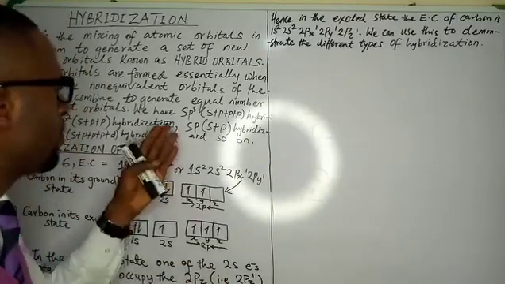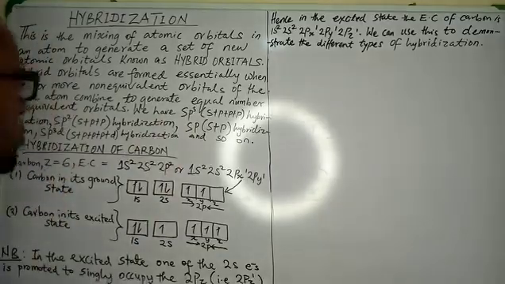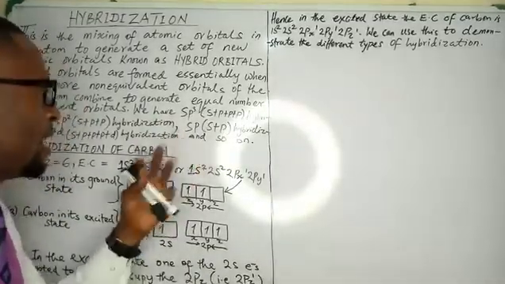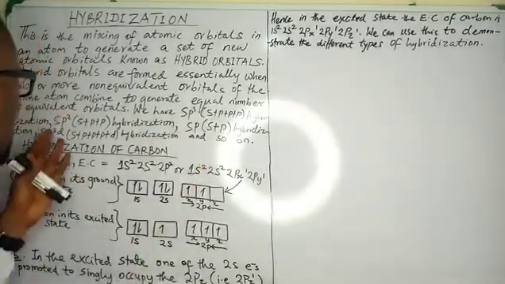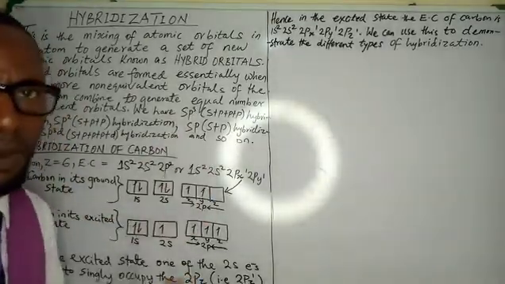So we have the sp3 hybrid orbitals, the sp2 hybrid orbitals, the sp hybrid orbitals, and of course sp3d hybridization, and so on and so forth.